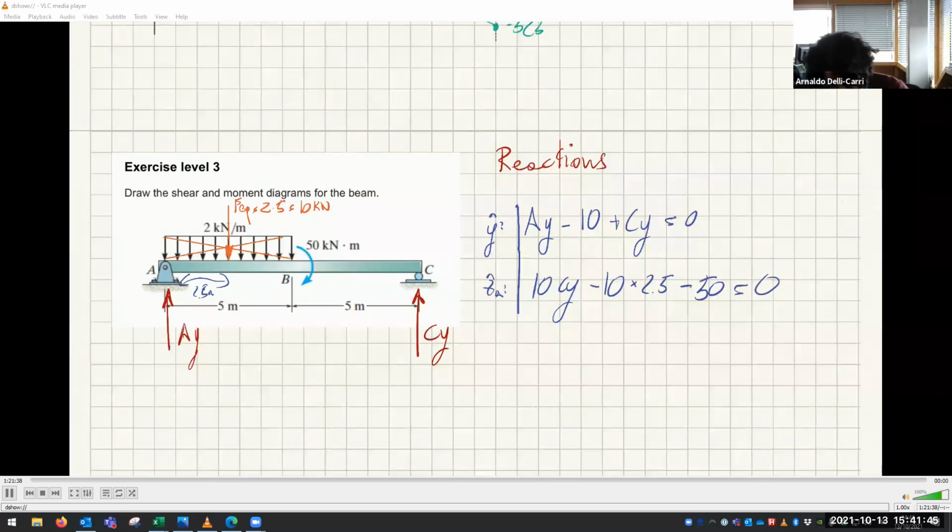So from this equation, I find CY, which is equal to 5 plus 2.5, should be 7.5 kilonewtons. Do you agree with me? 7.5 kilonewtons. I've done this by heart, but it should be correct. Yeah, it is correct.